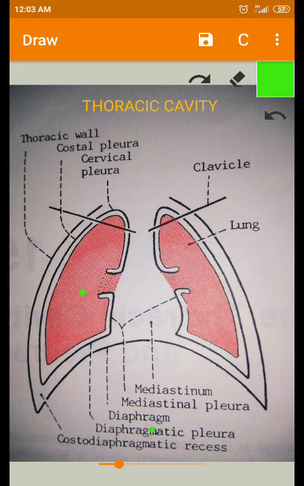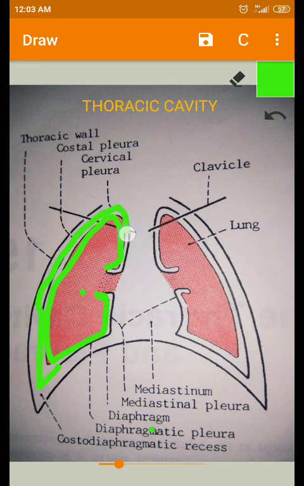Okay, now coming to the pleura. Like the peritoneum, the pleura is a serous membrane. So here if you can see, the lung is covered by two layers. Actually, this is the inner layer, and another one is the outer layer, the black one.